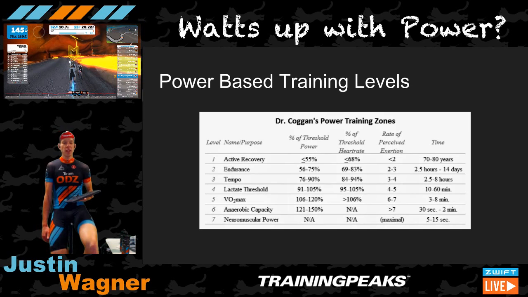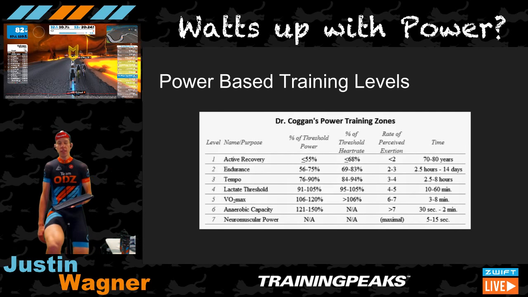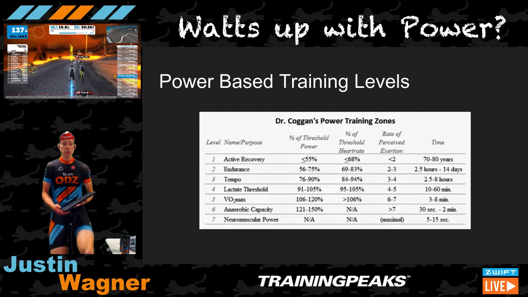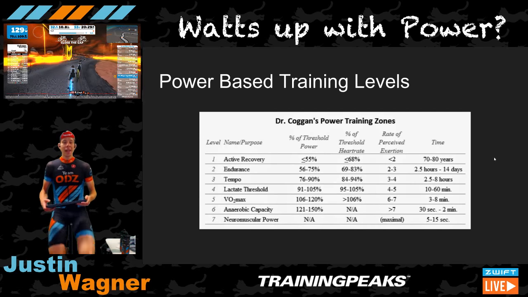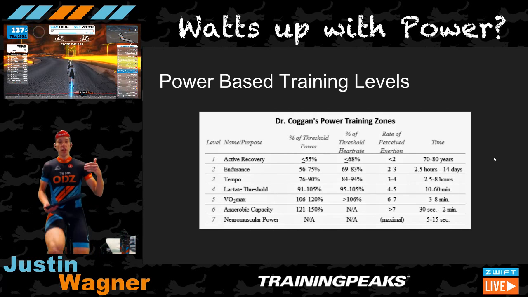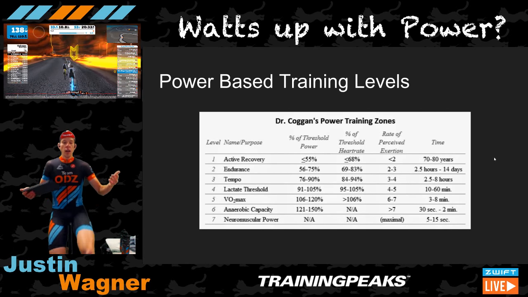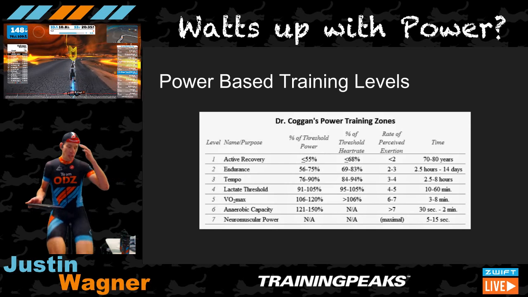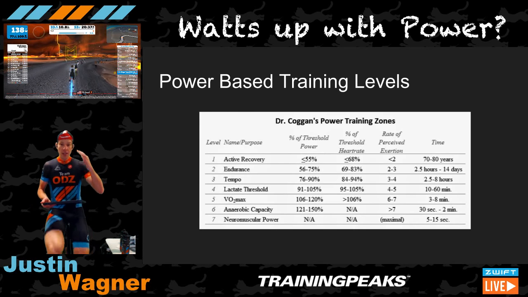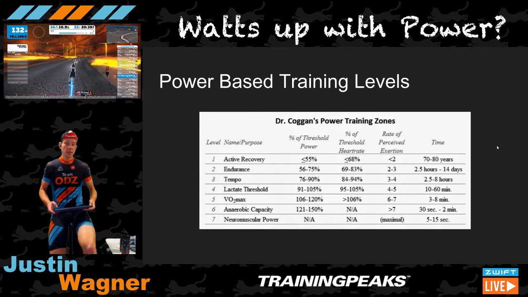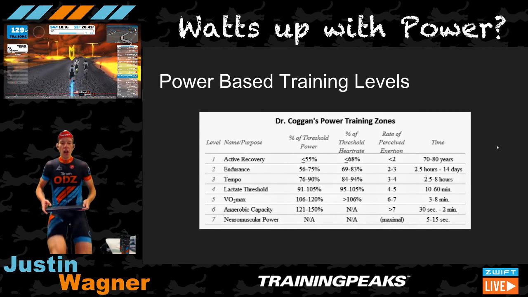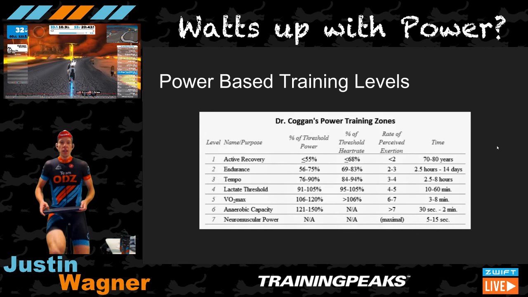That's an advanced concept. I'd say the standard zones will apply very well to most people, but just know that these numbers are an average that applies to most people, and it may not be true for absolutely everybody. And if they are off, it's not going to be off by a ton.